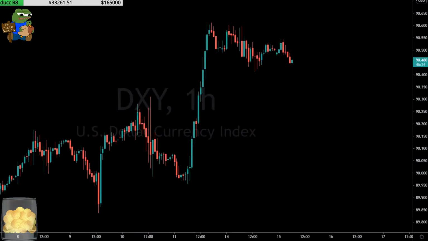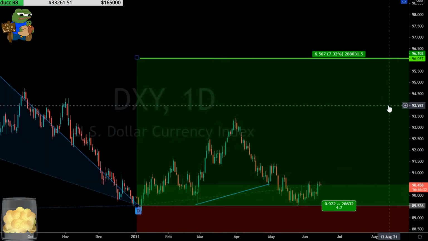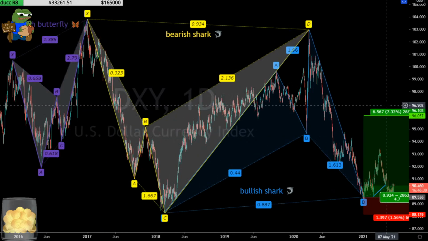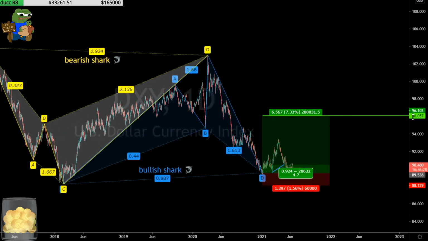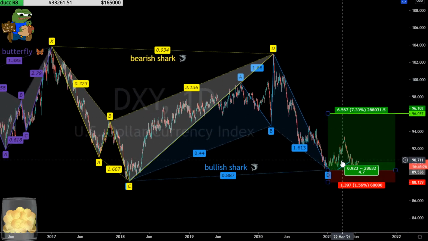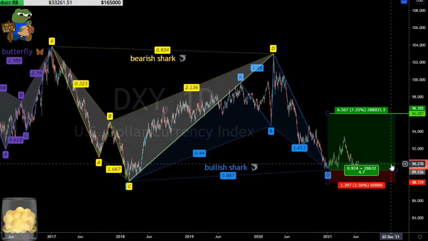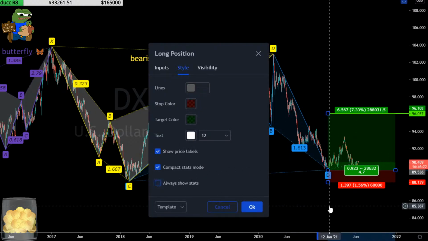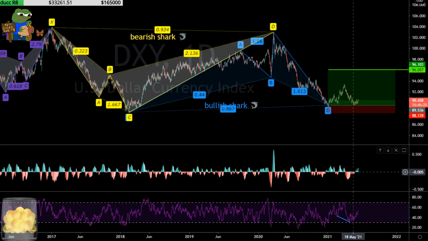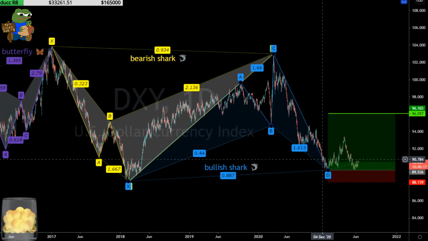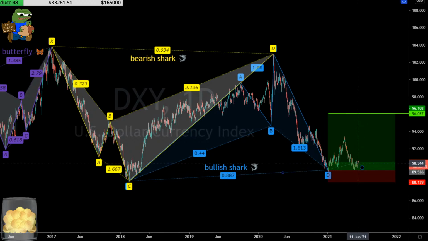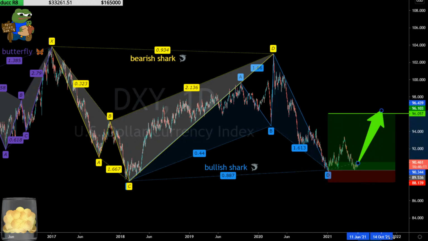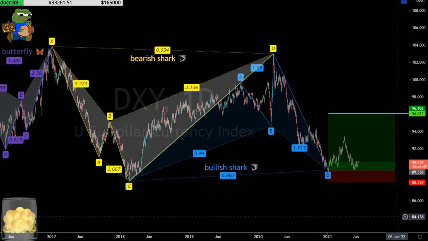We can look at that real quick. So DXY double bottoming at the entry here. Yeah, watch out. DXY rallying at some point. It's gonna happen. Has not failed yet.